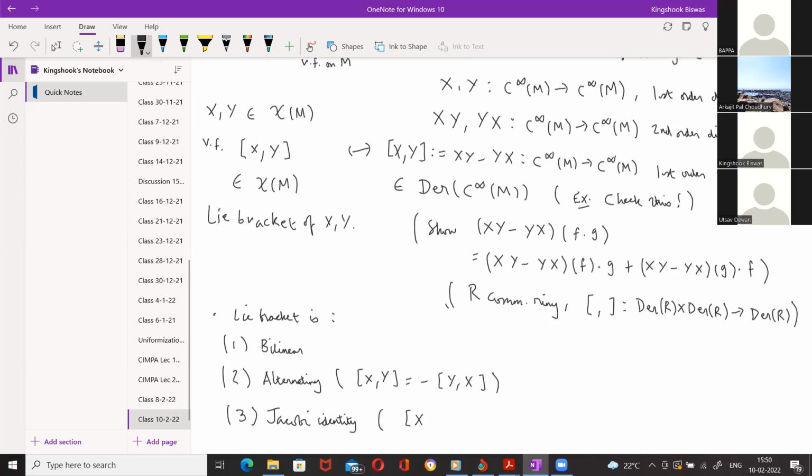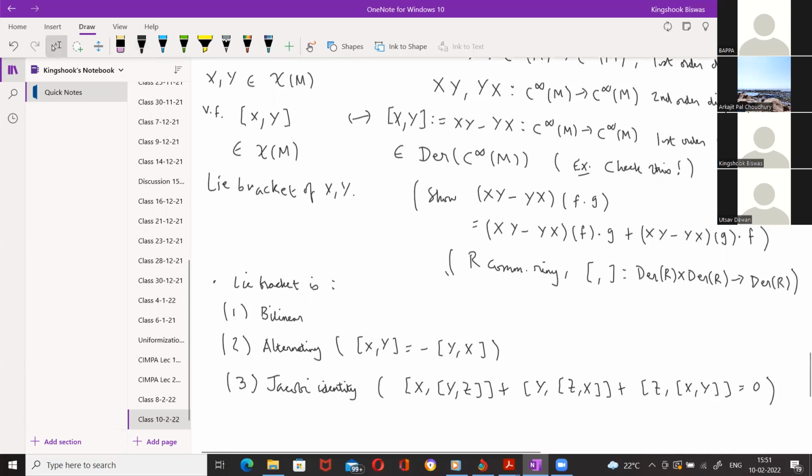If you write the brackets of three vector fields in cyclic order and add them up, [X,[Y,Z]] plus [Y,[Z,X]] plus [Z,[X,Y]] is equal to 0.